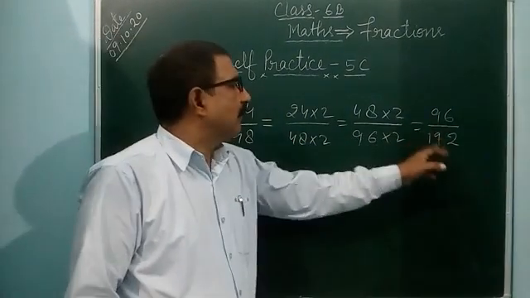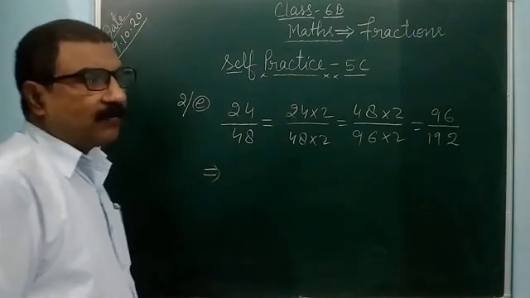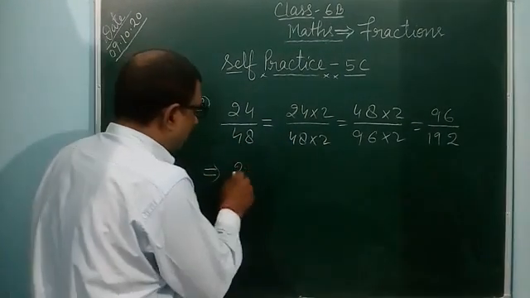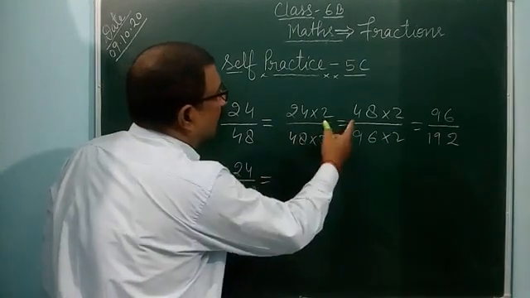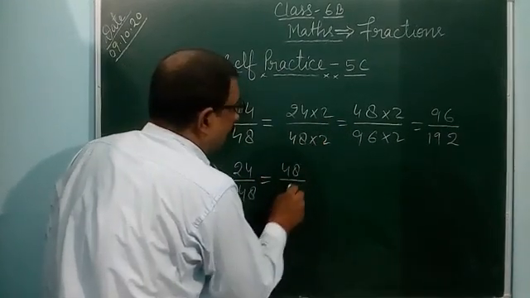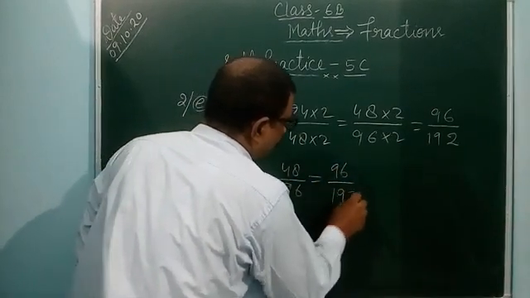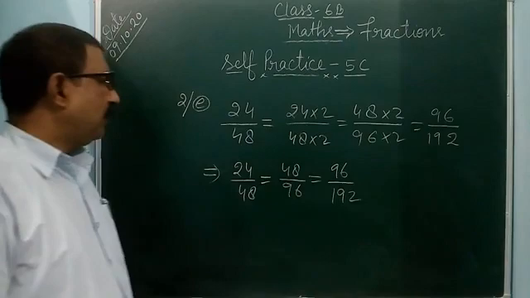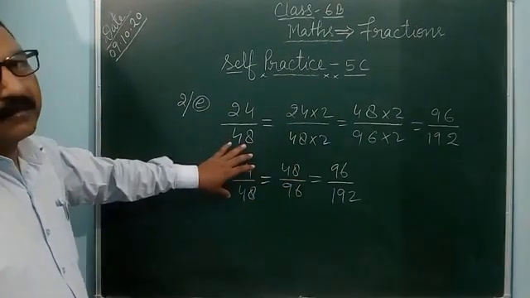So 96 by 192. It means in the first answers were different. In the second, 24 by 48 is equal to 48 by 96 is equal to 96 by 192. So in this way you can understand. This is also correct.